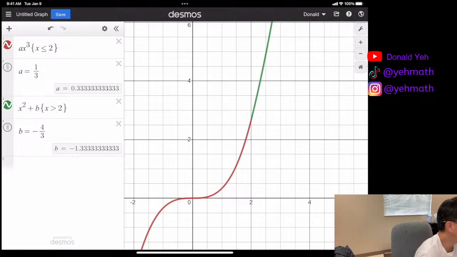AP calculus ignores related rates and optimization. I think those are the only two things worth teaching in calculus, but the AP exam ignores them.